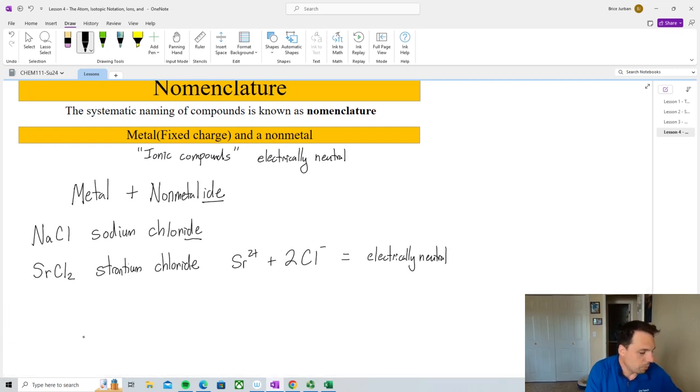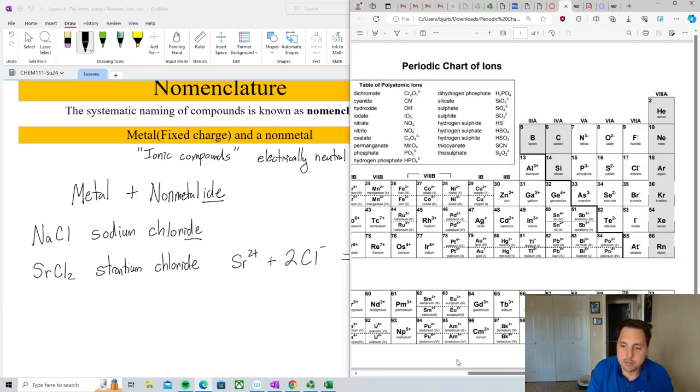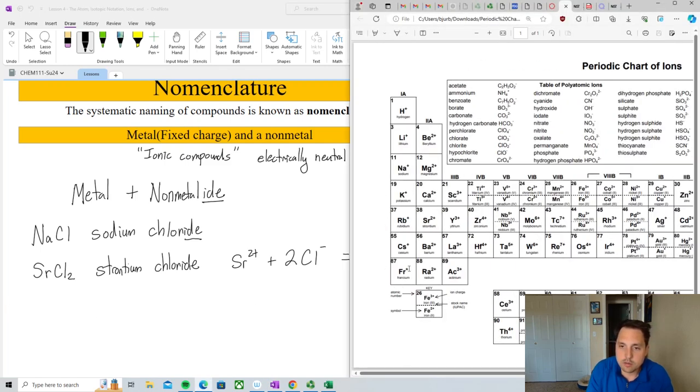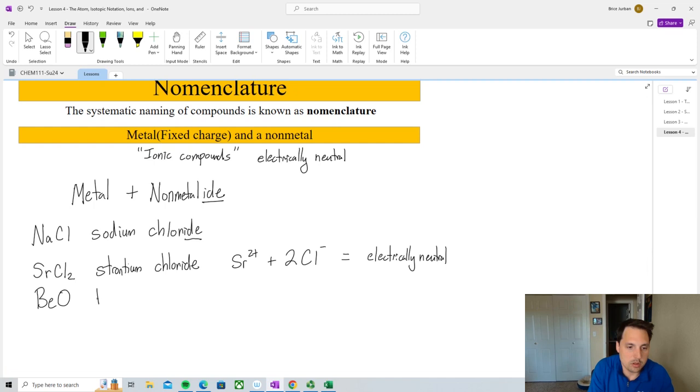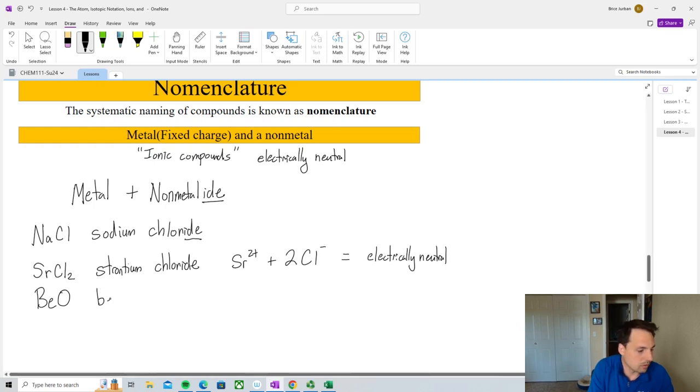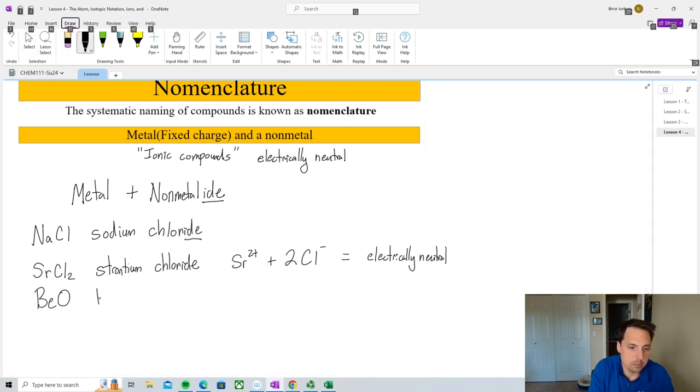All right, we can do a couple more. These are fairly straightforward. Let's say we have beryllium oxide. So beryllium oxide is BeO. The hardest thing is spelling this one right.